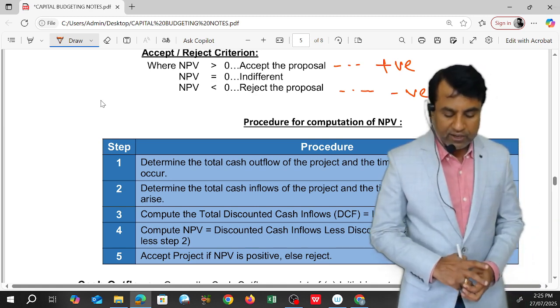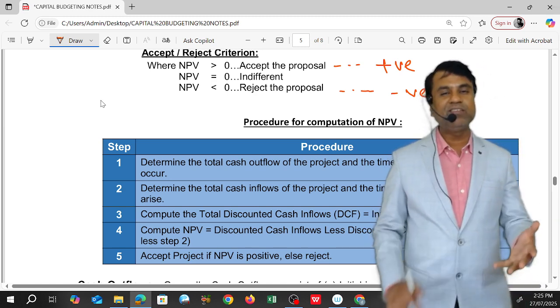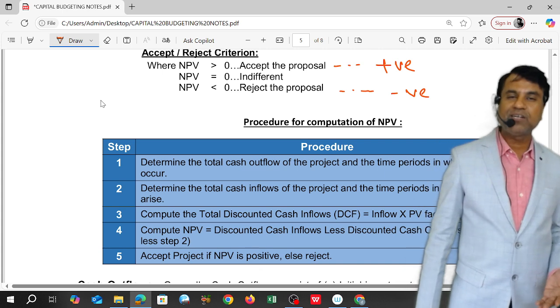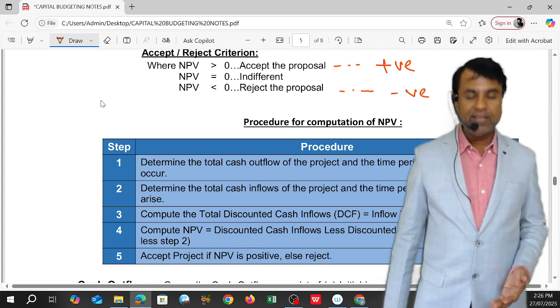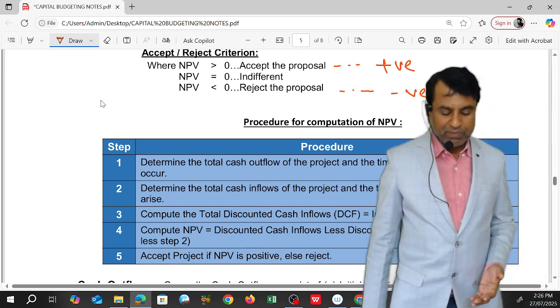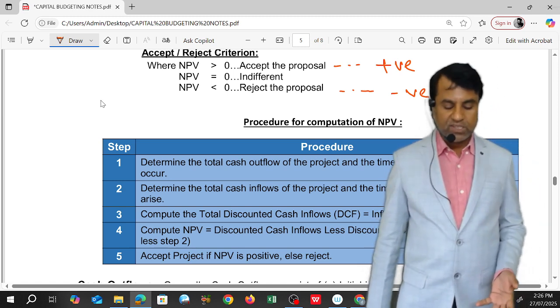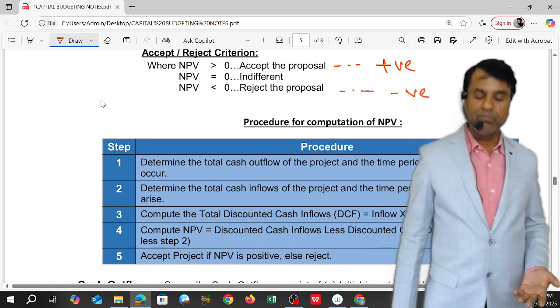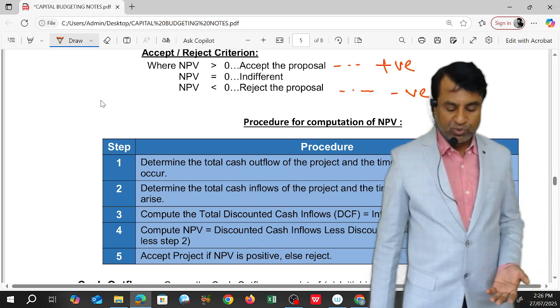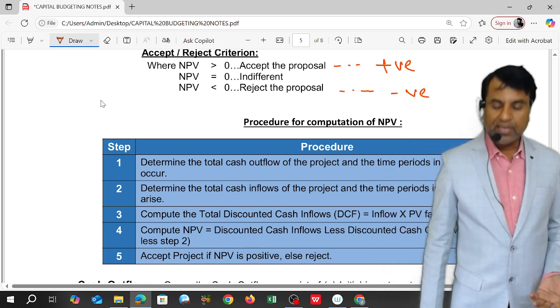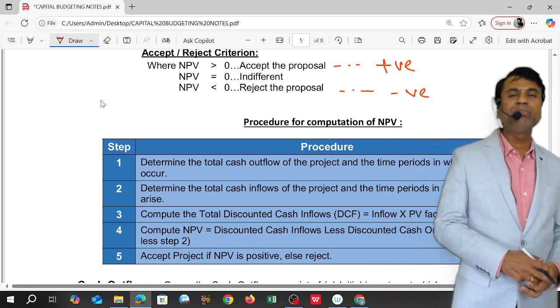Further, compute the total discounted cash flow by discounting the inflows with the PV factor, and then compute NPV as discounted cash inflow less discounted cash outflow, which is step number 4 less step number 2. Finally, accept the project if NPV is positive, else reject. So these are the simple steps.